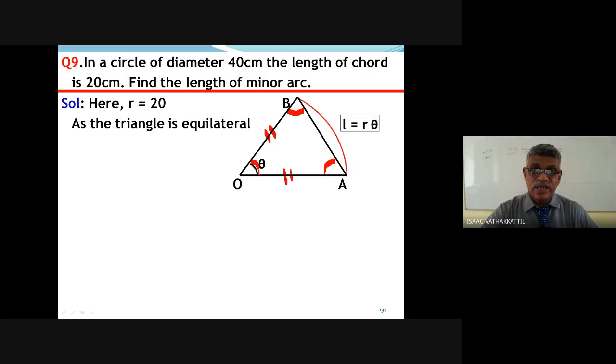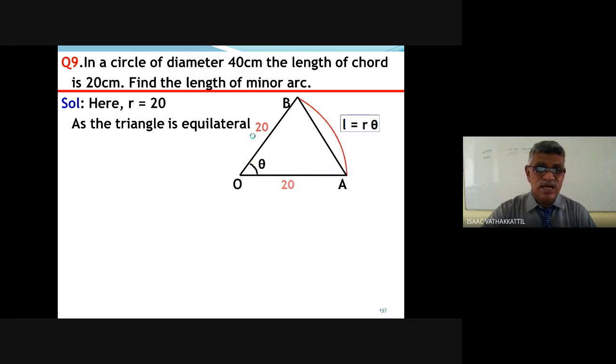This is given, radius 20, and this is also 20 given, and so these two angles are equal, and this is also given 20. All the three sides are equal, so all the three angles will be equal, each equal to 60 degrees.